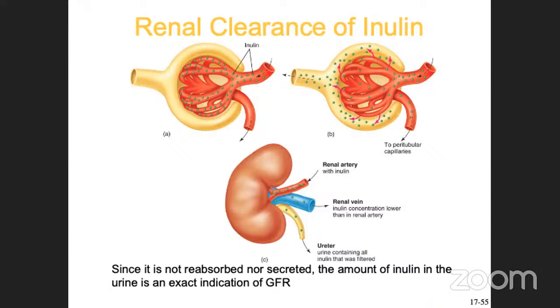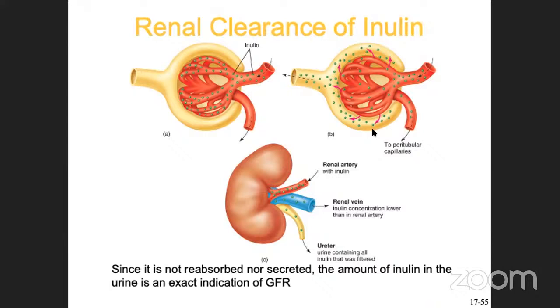So this is related to the GFR. You can see from the top left corner of the picture inulin, in green particles, entering the afferent arterioles. You can see the lumen of the afferent arteriole is a bit bigger than the efferent. So you can see the inulin entering. After that, it is filtered into the PCT, and some of it leaves into the peritubular capillaries through the efferent arterioles.